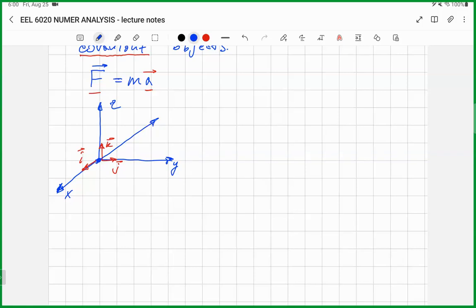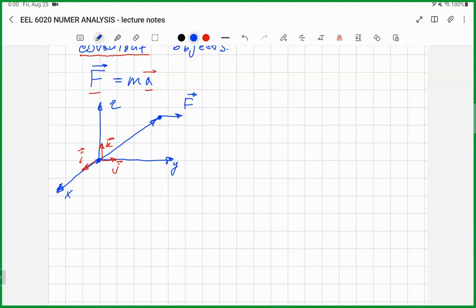For example, this force, right? So for example, we have some force distribution. This is the force. And I calculate the acceleration that this force causes. Of course, the force itself, it's a physical quantity, and it doesn't depend on the choice of the coordinate system.